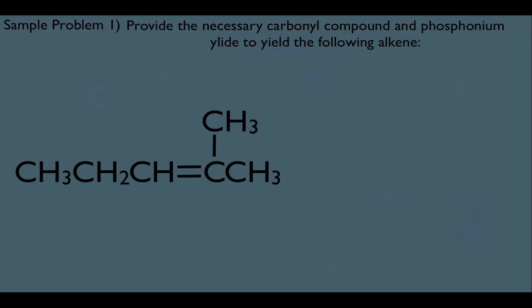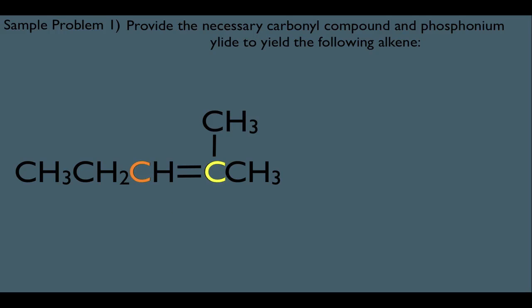Well, remember, if we know our quick product method very well, then it shouldn't be too hard to go backwards. Think about it. You would look at the alkene and you would say one of the carbons within the alkene has to come from the carbonyl, let's say, and the other one in the alkene would have to come from the phosphoylide. The question is, which one should come from which? Should it be this right here, or should it be this right here?